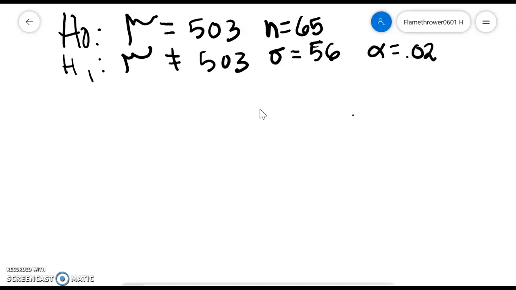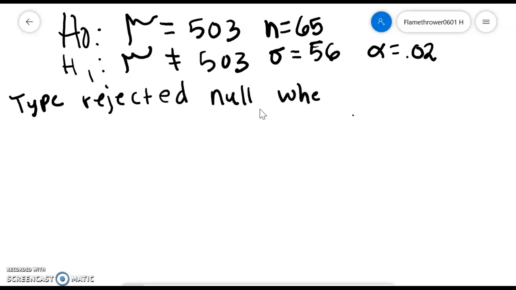So before we actually get into working this, let's discuss the difference between a type 1 and a type 2 error. A type 1 error would be we rejected the null when the null was actually true. So here, a type 1 error would say that we accidentally rejected that the mean is 503.